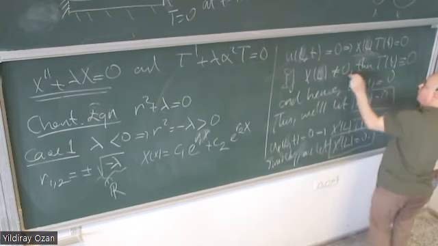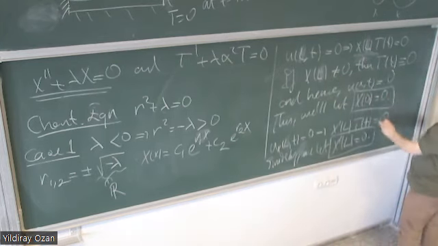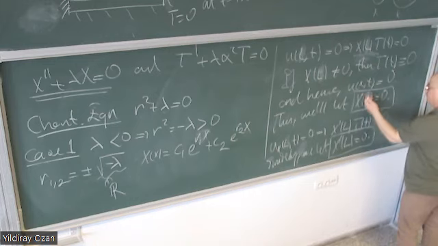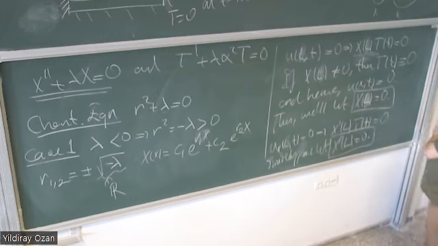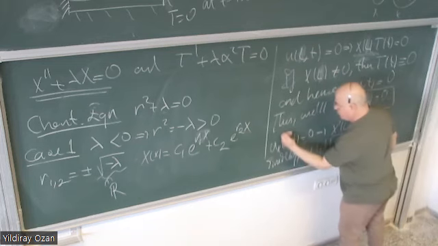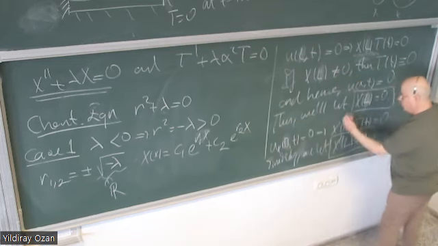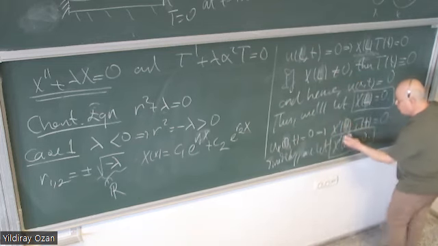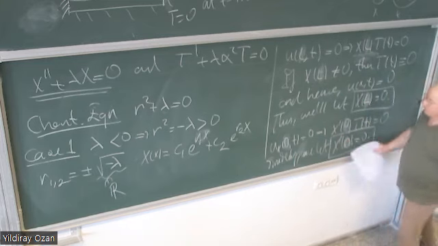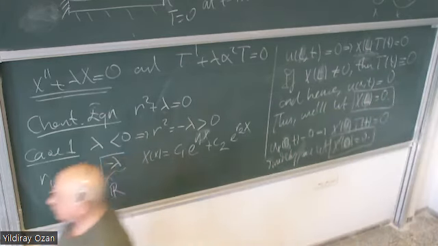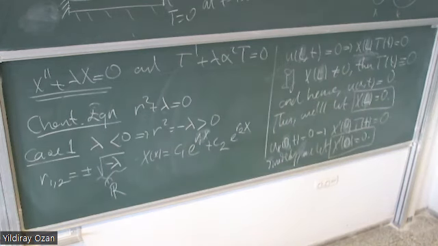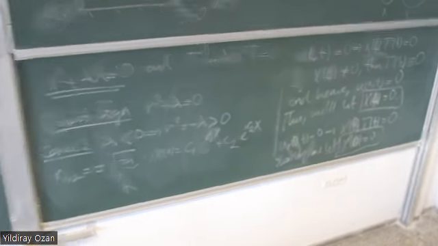Eğer bu 0 değilse bu olacak. Bu 0 olacak. Dolayısıyla bunu 0 kabul edeceğim. And then X(0) is 0, and X(L) is 0. Okay, so let me just do it this way. Okay, now we have a solution of this type.